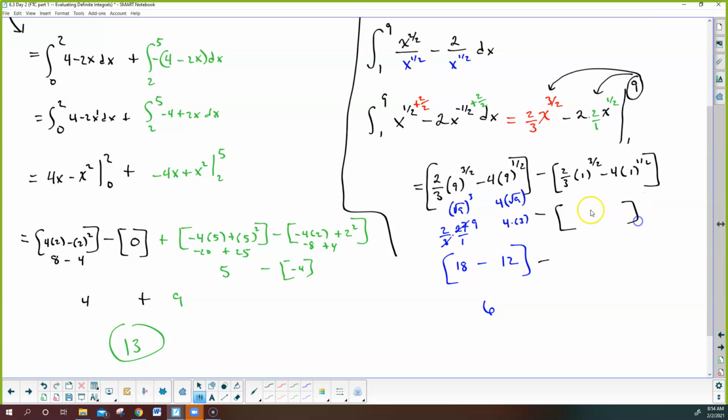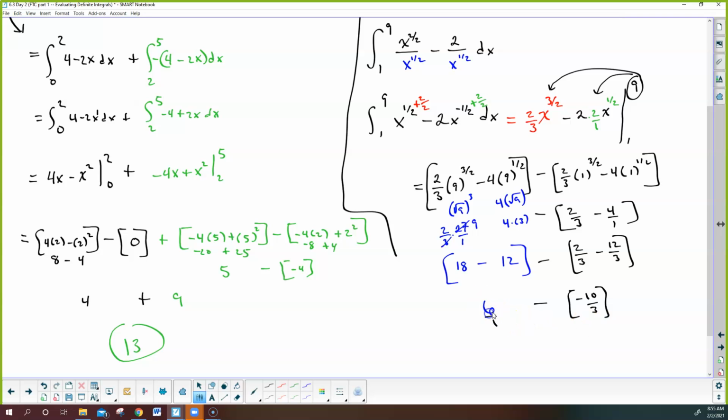Now this is kind of friendly because 1 to any power is always 1, so it's 2/3 minus 4. But I'm going to think of this as 4 over 1. So then I'll count that as 2/3. And instead of writing it as 4, I'm going to think of that as 12/3. 12/3 is the same as 4 over 1. And that allows me to subtract and get negative 10/3.